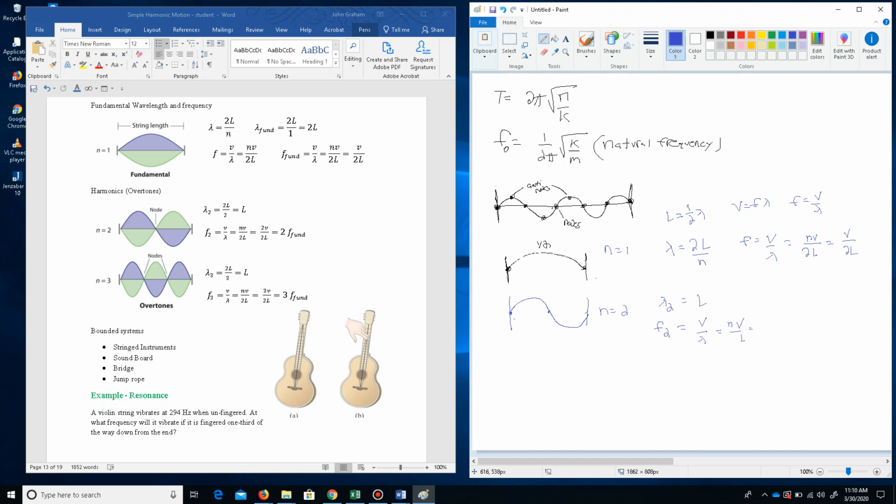And so this is going to be 2 times V over L, since this is the second harmonic. And so this is V over L. Wait a second here.